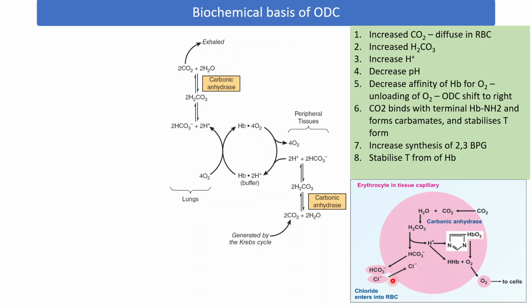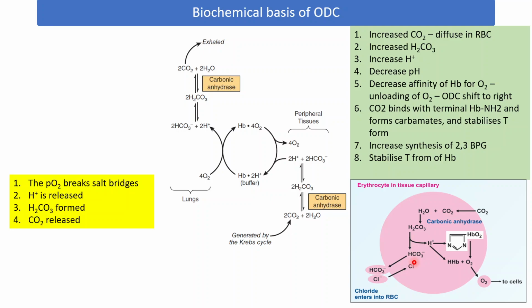Now why does chloride go in? To maintain the same charge. When bicarbonates are going out, chloride is also a negative charge, so it moves inside to maintain electroneutrality. Now this deoxygenated hemoglobin again goes to the lungs.